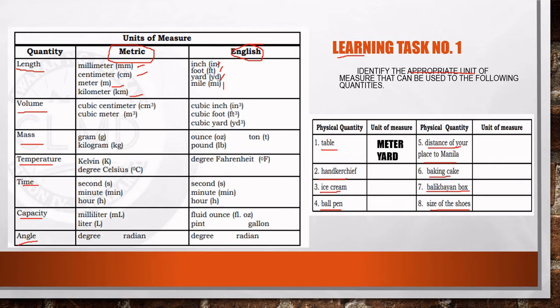So, for example, in number 1, table, what is the most appropriate unit that you are going to use? Okay, you will use meter or you can use yard. Okay, so you do the rest of the numbers. Just look at the table and find the most appropriate unit of measure.